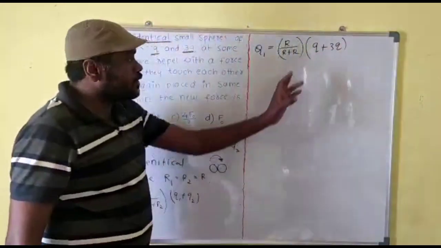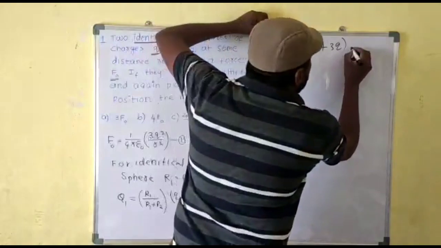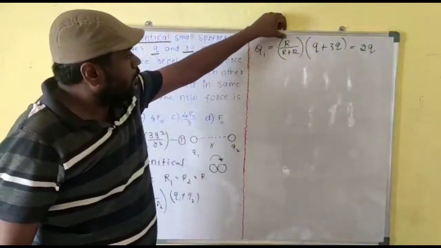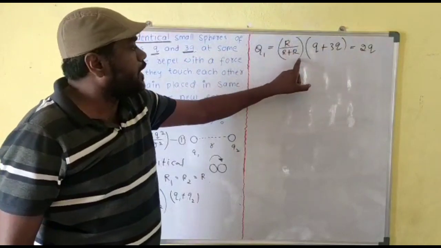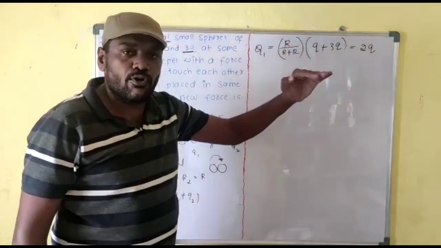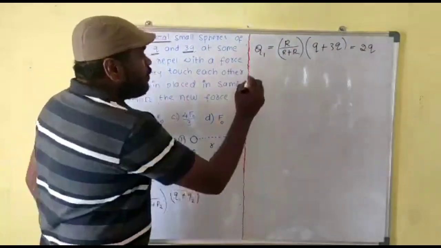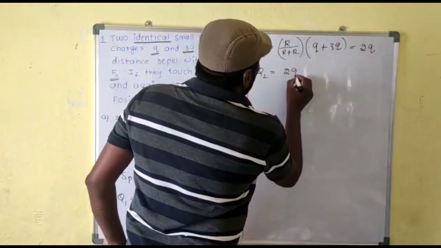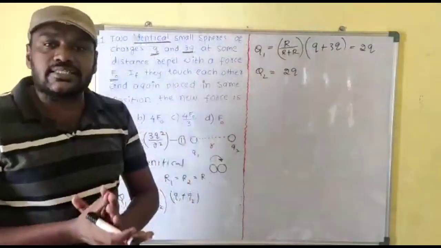Simplifying, R by R plus R becomes 1 by 2, and Q plus 3Q is 4Q, so 4Q by 2 is nothing but 2Q. Similarly, the second new charge also will be 2Q. Means both charges get the same amount.